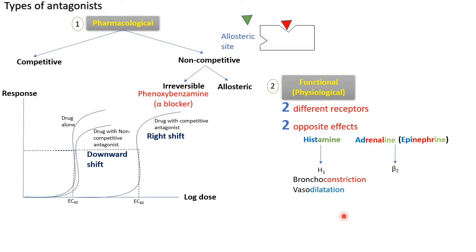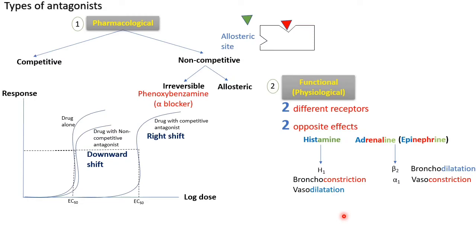Adrenaline works on the beta-2 receptor, causing bronchodilation, and it acts on alpha-1 receptors on blood vessels, causing vasoconstriction.